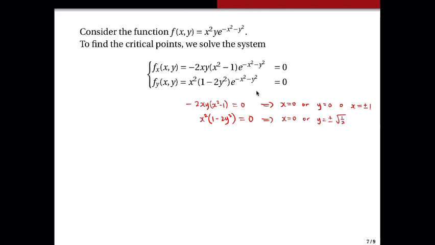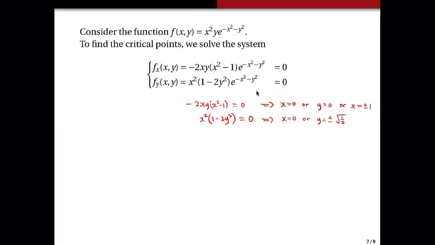And as you can see, they will be both 0 at the same time only when x equals 0. When y equals 0, this guy here will not be 0. When x equals plus or minus 1, this guy here will not be 0. So you must force the other one to be 0.